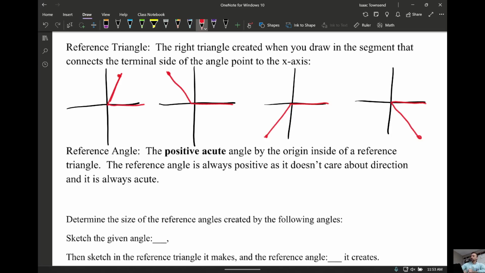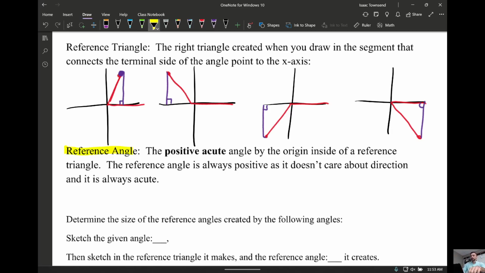All you have to do to take an angle and get a reference triangle out of it is take the point and draw to the x-axis, never to the y-axis. Sometimes that's down to the x-axis, sometimes it's up to the x-axis. Draw it perpendicular so that you have a right triangle. We need a right triangle so we can do SOHCAHTOA and the Pythagorean theorem. Both of those things only work with right triangles.